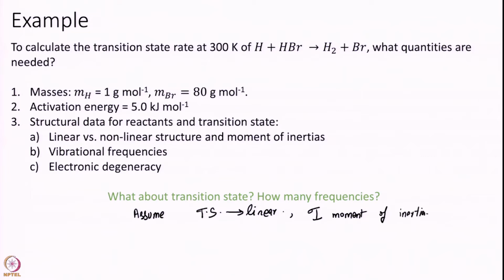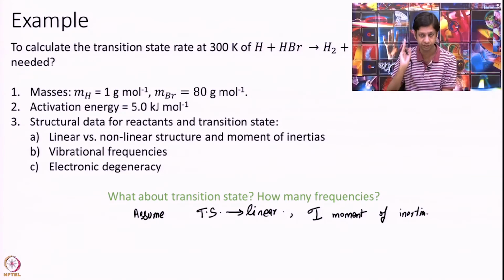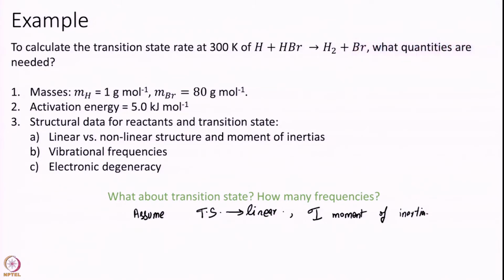What else do you need? You need frequencies. How many frequencies is the question now? Do this calculation very carefully. You have a linear transition state of 3 atoms. How many frequencies should you get? So, pause the video and get this answer right.